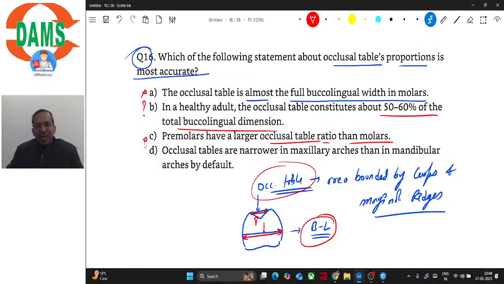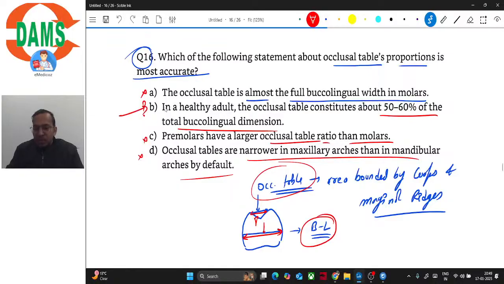Premolars have a larger occlusal table ratio than molars. No. It is a general rule which will apply to all the teeth, isn't it? Premolars and molars both included. Occlusal tables are narrower in maxillary arches than in mandibular arches. Again, this is incorrect. As I just said, whatever the statement is, it would be a general statement which will apply to all the posteriors, right? So options A, C and D are definitely incorrect.